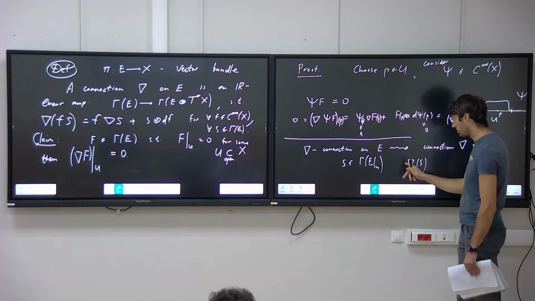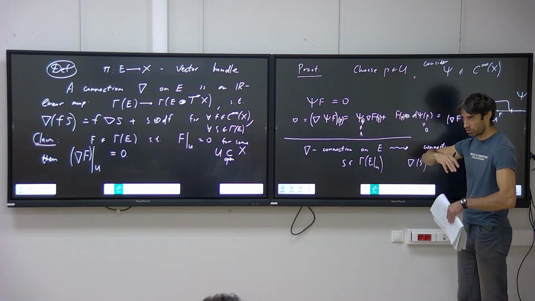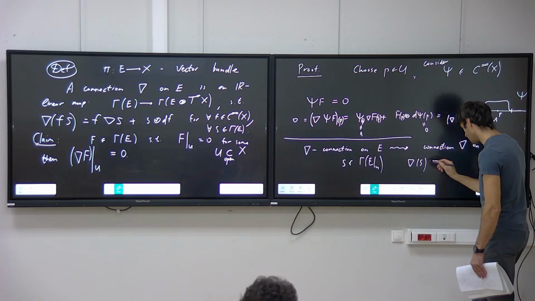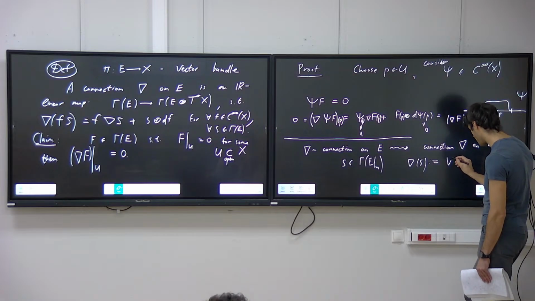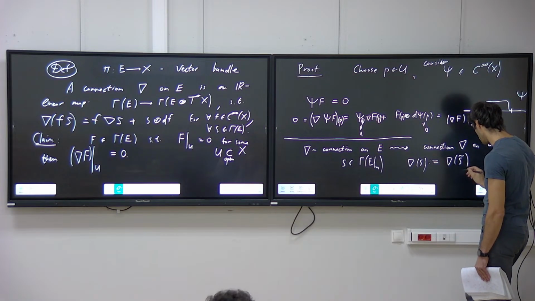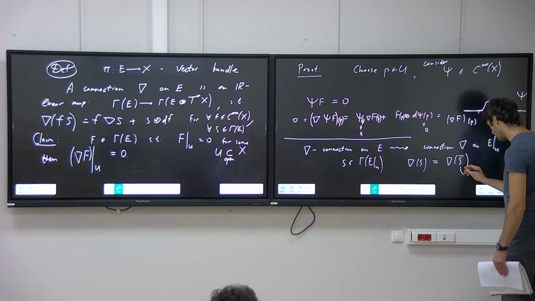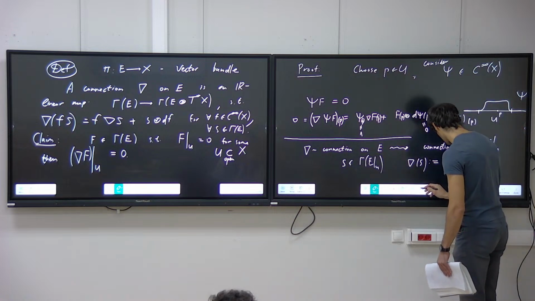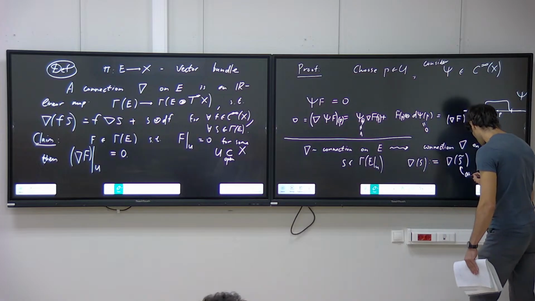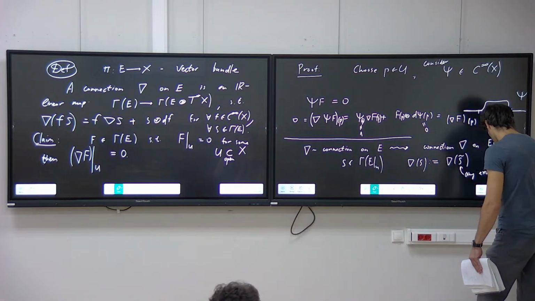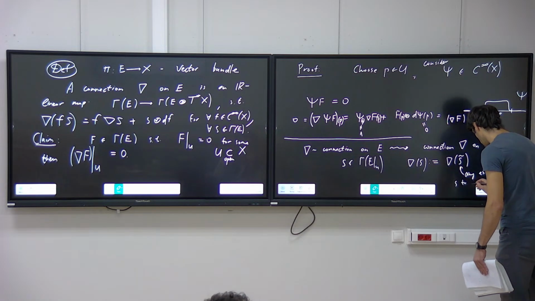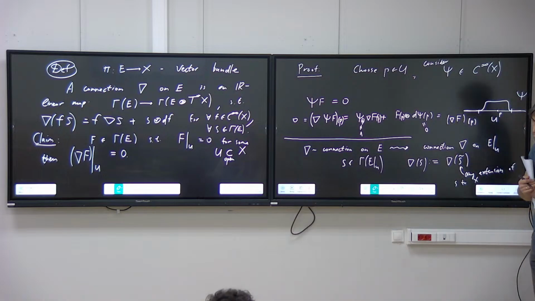So far I can just apply nabla to the whole section, right? To a section over the whole X, strictly speaking. So I just define it by applying nabla to S tilde, where this is an extension, any extension of S to the whole X. Okay?